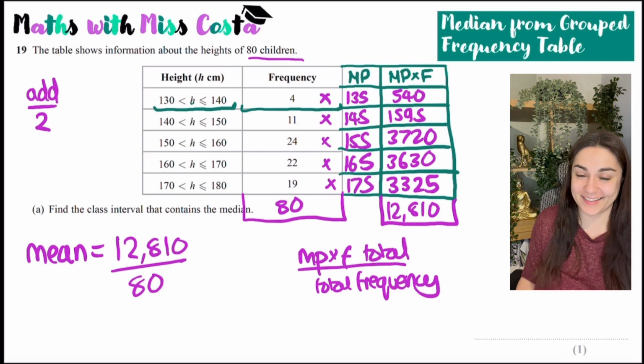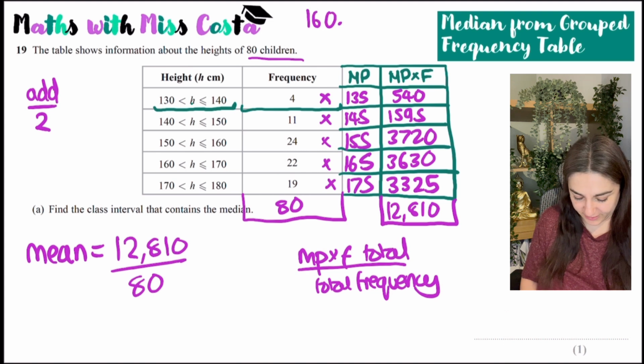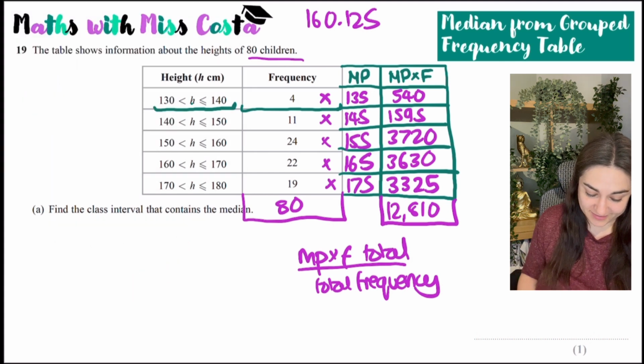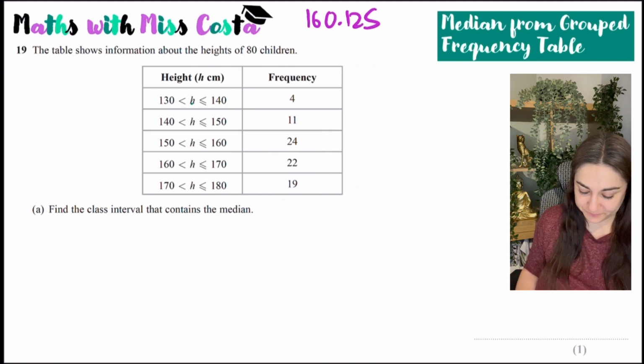So you get some extra work to do for working out the mean, and that would just give you divided by 80. So 12,810 divided by 80 is 160.125. But this question isn't actually asking you for the mean, but you just got some free extra practice.